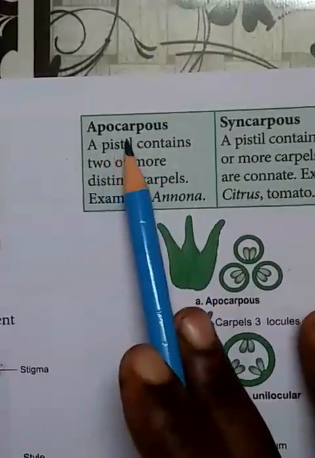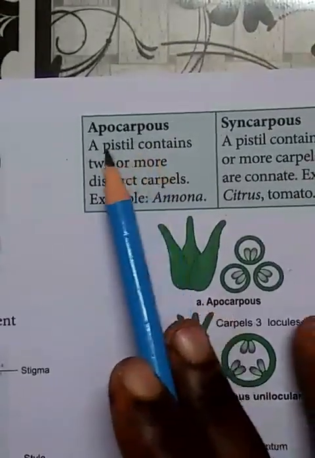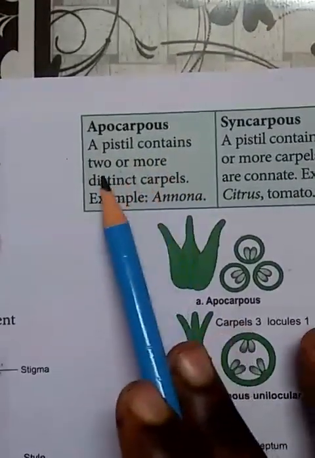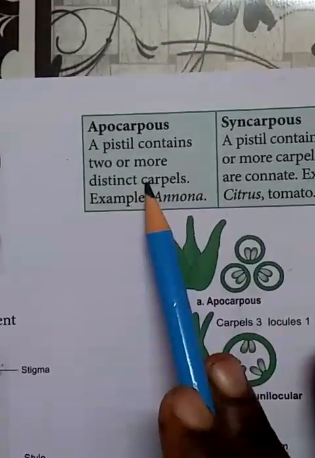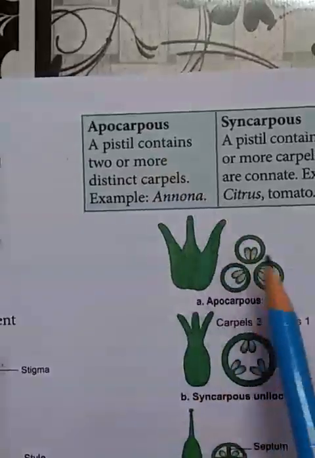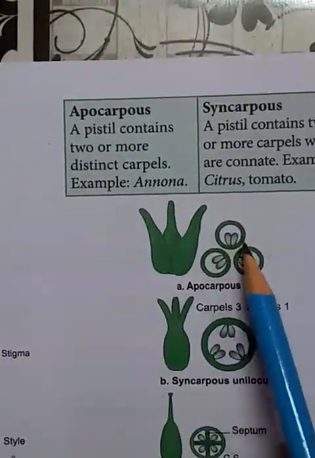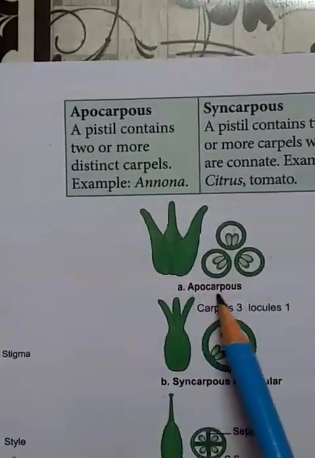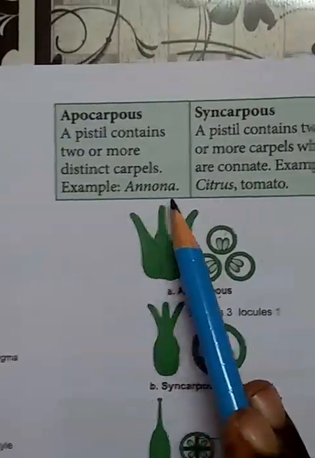A pistil contains two or more distinct carpels. If carpels are free from each other, then it is called apocarpous. You can see in this diagram, three carpels are there, free from each other, so it is called apocarpous. You can find this in Annona.